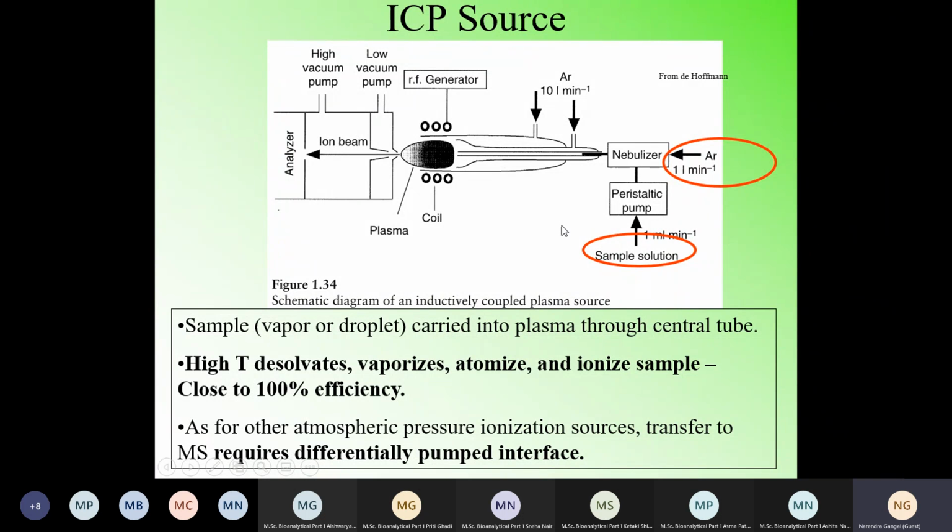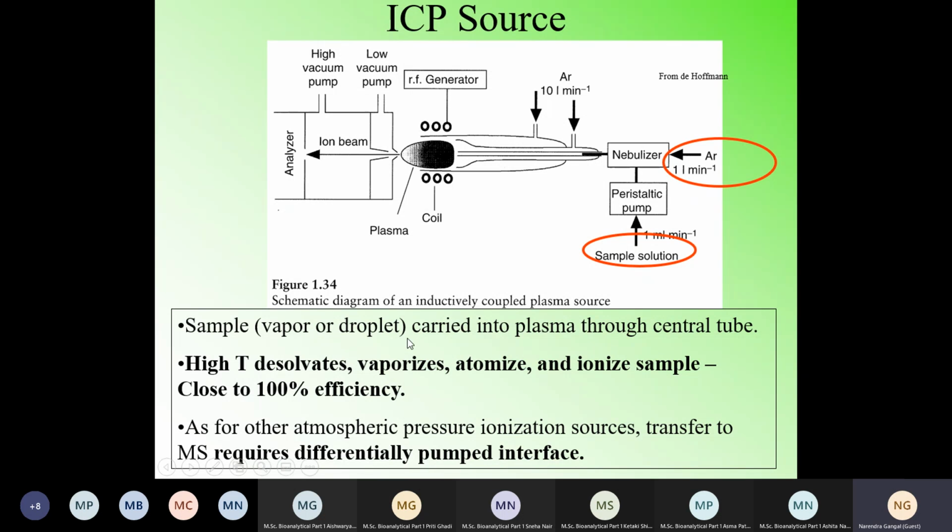Just like in atomic absorption spectroscopy, the sample solution is there, there is a pump, and there is a nebulizer which will be spraying. As the sample is sprayed into the ICP, that is inductively coupled plasma, the sample will desolvate; if it contains water or acid or whatever, it will remove all the solvent.